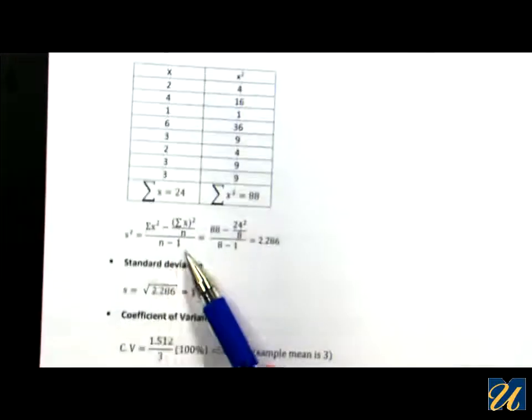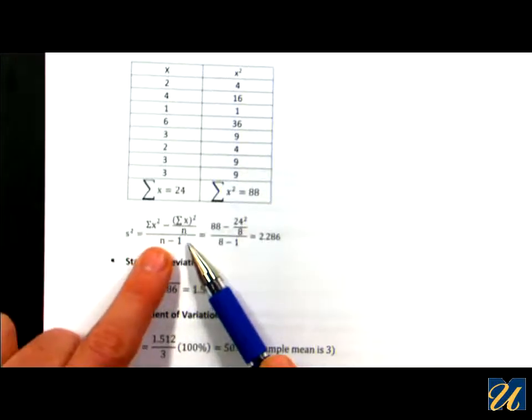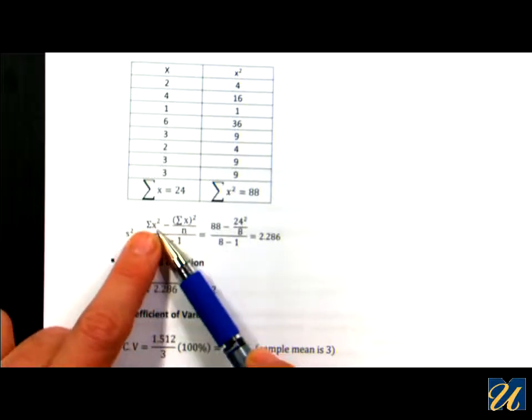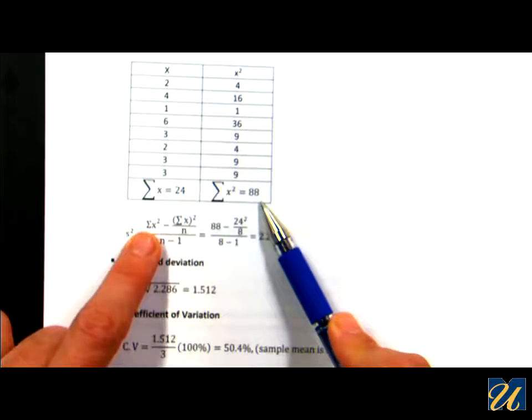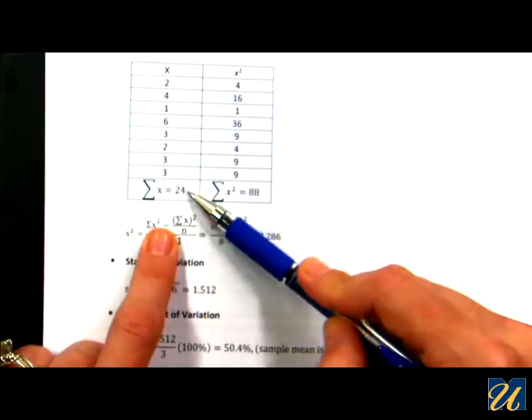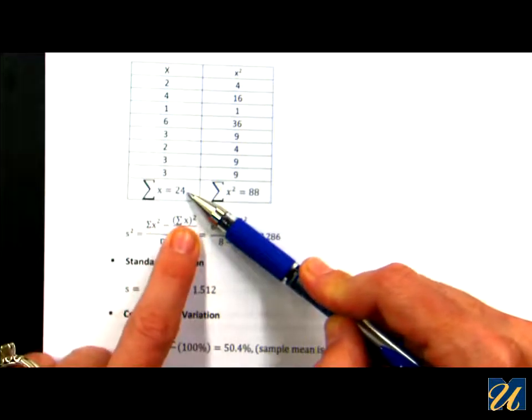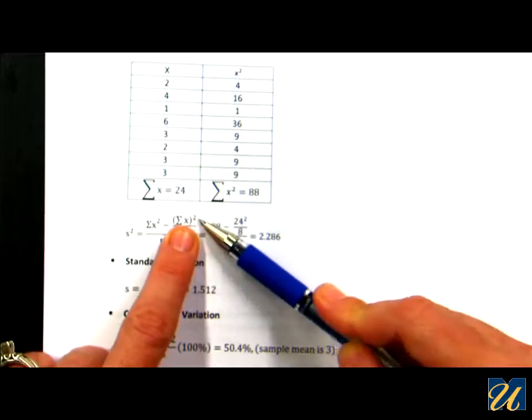So when you go to your formula, the formula for the sample variance, you enter the sum of the squared entries that we found to be 88, minus the sum of entries that we found to be 24 squared.